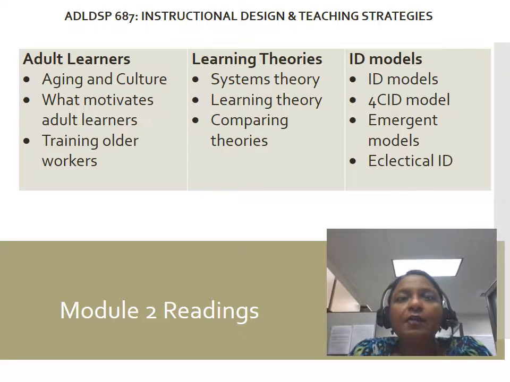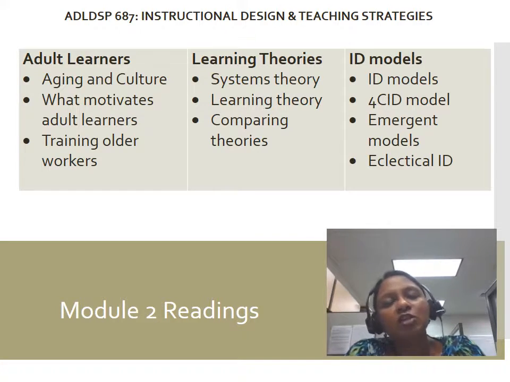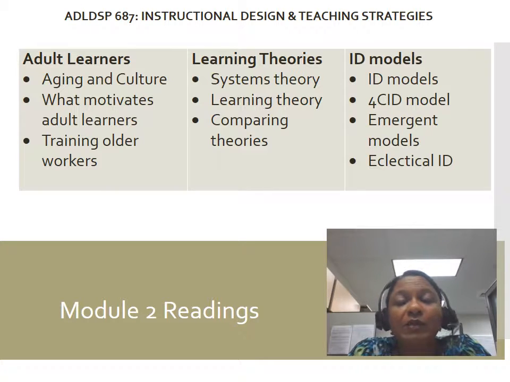Now, when you're looking at ID models, think about how they differ from each other, and the first reading, ID models, does quite a nice job of giving you a very quick look at what are the differences between the approaches and ID models.